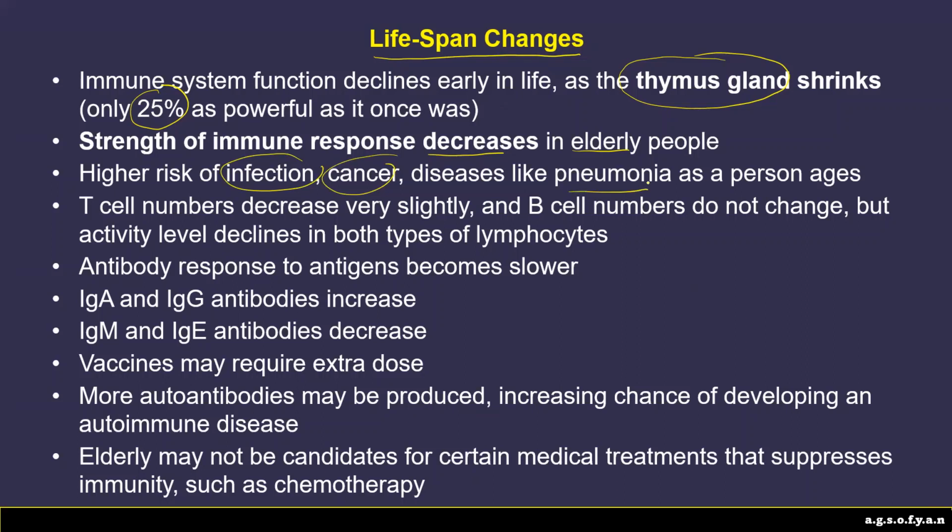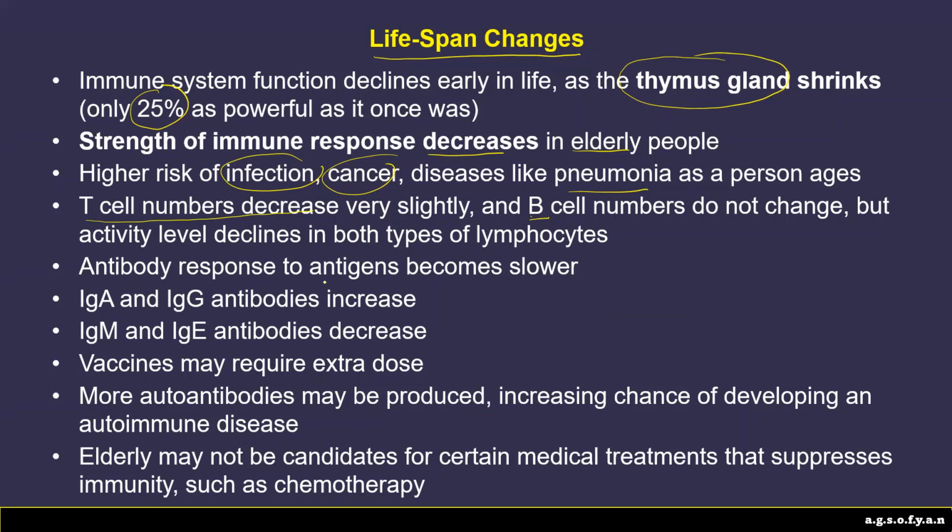And T cell number will be decreased, and the B cell number also decreased, but mostly it's not really decreased like the T cell. So B cells kind of stay in older people.